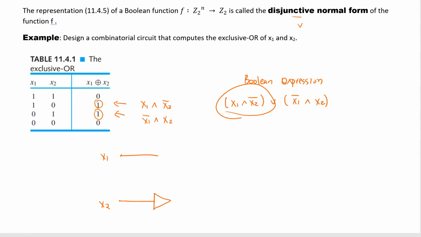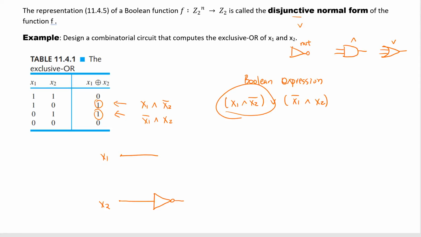The NOT gate looks like this. Let me remind you, this is the NOT gate. This is the AND gate. And this one, which looks like a fish, is the OR gate. So far, so good.